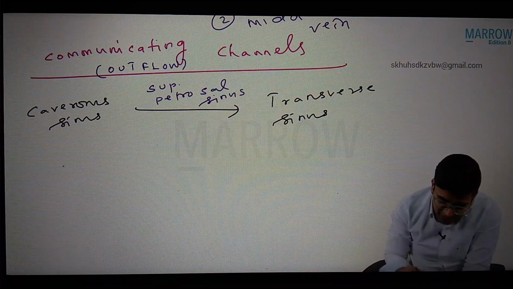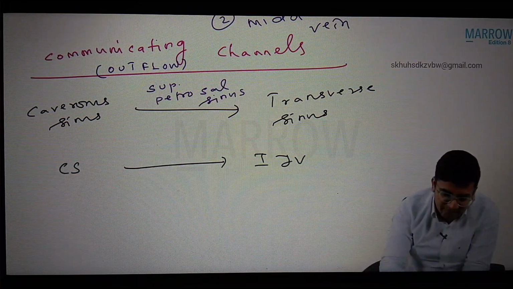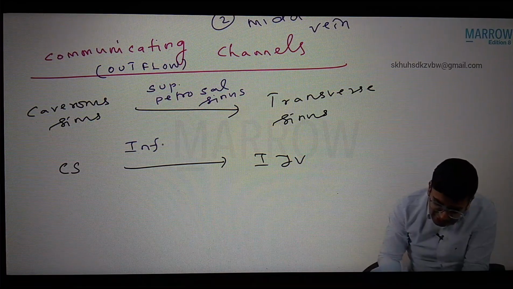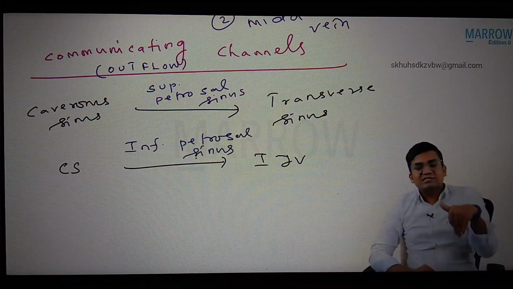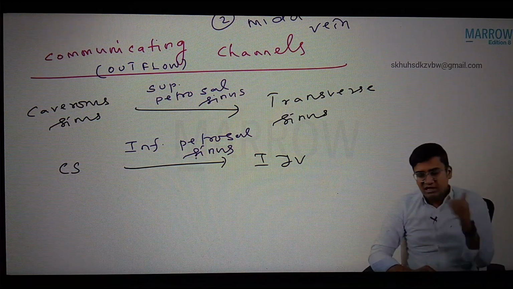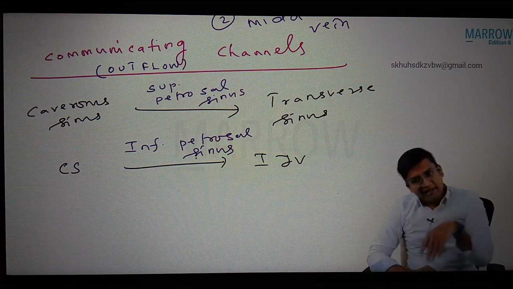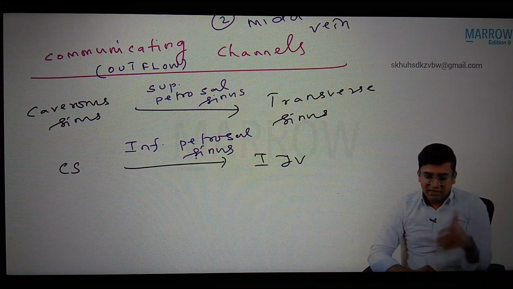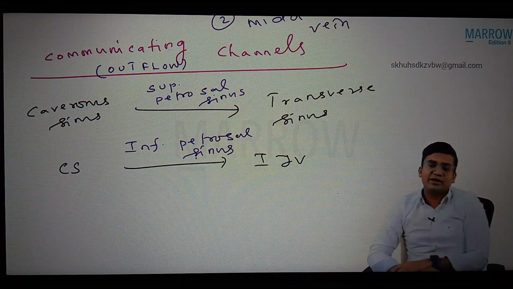Next one, the cavernous sinus communicates with internal jugular vein via inferior petrosal sinus. So inferior petrosal sinus passes through jugular foramen, and the sigmoid sinus, which in turn continues as internal jugular vein, also passes through the posterior part of jugular foramen. So this inferior petrosal sinus joins with internal jugular vein.